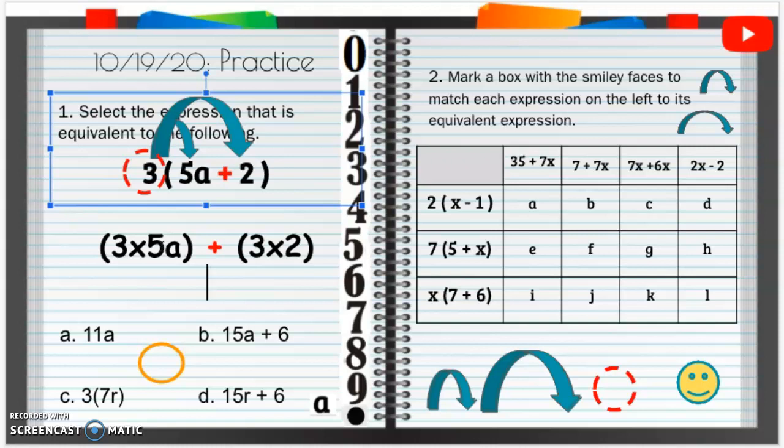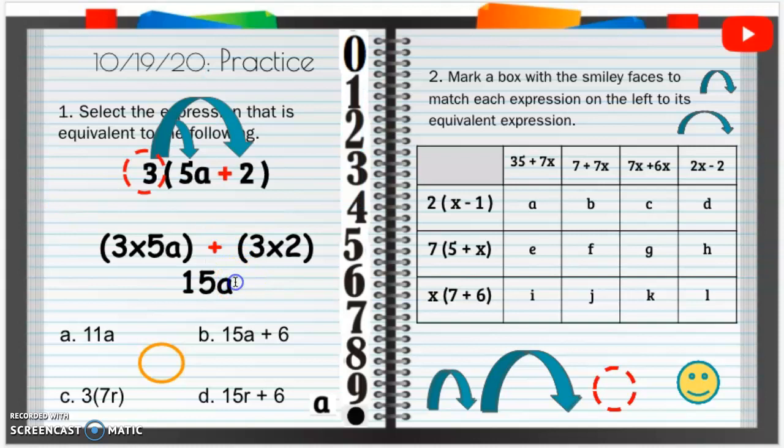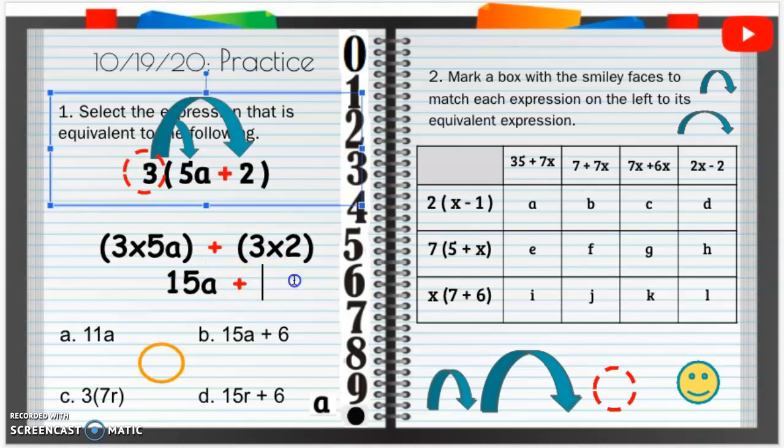So 3 times 5 is 15. We have to keep that a because we're still multiplying it by a. We just don't know what a is yet. Keep this plus here. And then we have 3 times 2, which is 6.